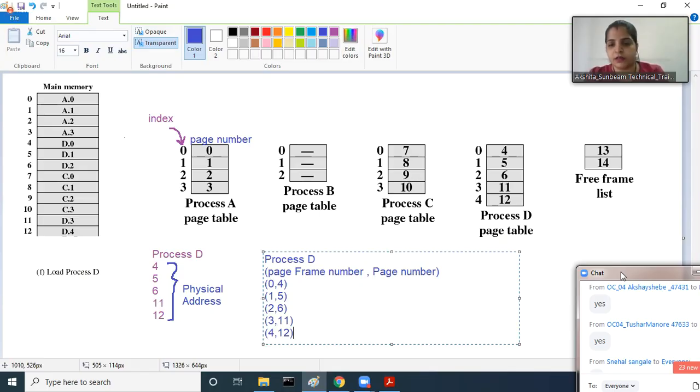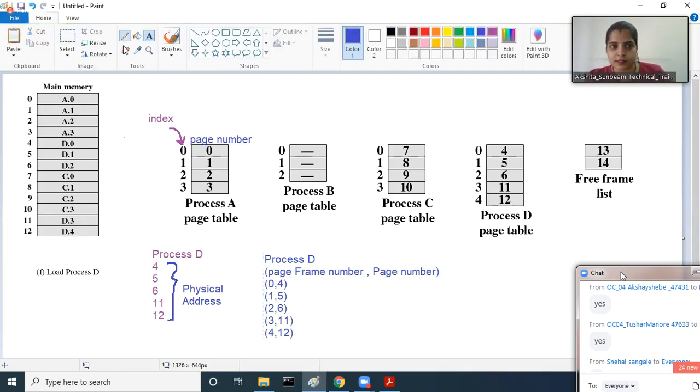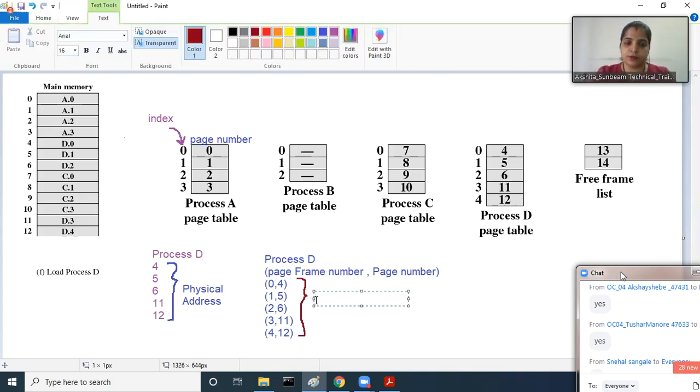Everyone, have you understood up to this point? It means that this over here is called the physical address and this is called a logical address. You can say like this.